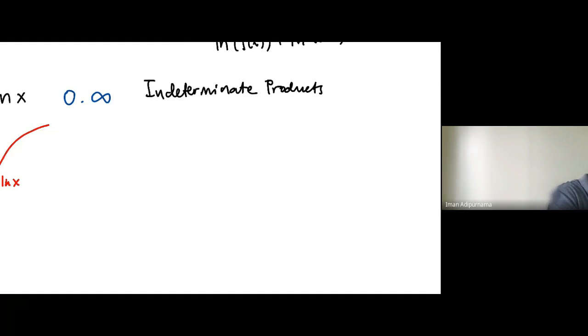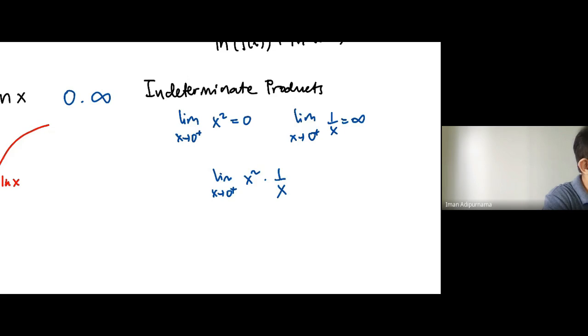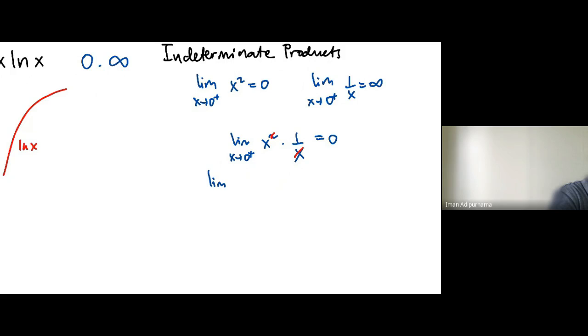So let's say we have a limit, and this will be 0, right? And a limit, and this will be infinity. If we have the limit of x squared multiplied by 1 over x, because of the terms of x squared and x, we know that it will be 0.